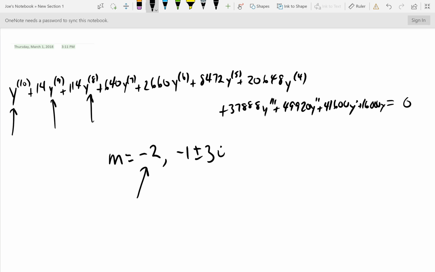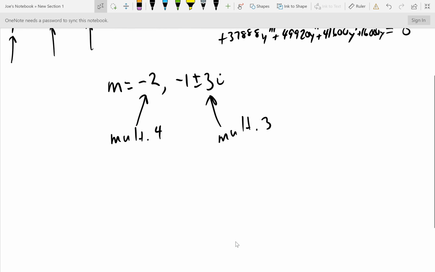This one had a multiplicity of 4, and these had multiplicity 3. So this root, the -2, is going to contribute 4 terms in our general solution, and each of these complex roots will each contribute 3 terms in our general solution. That's where we're going to get our total of 10.